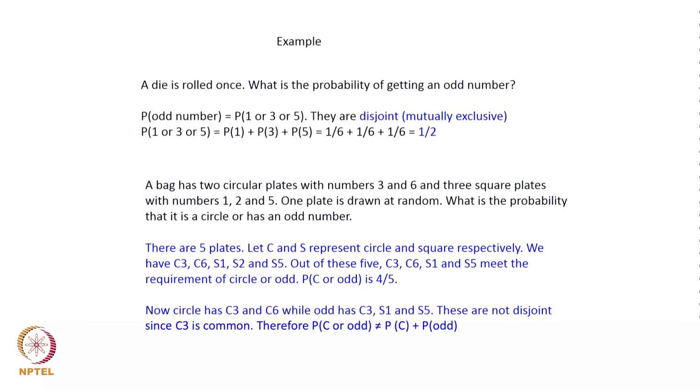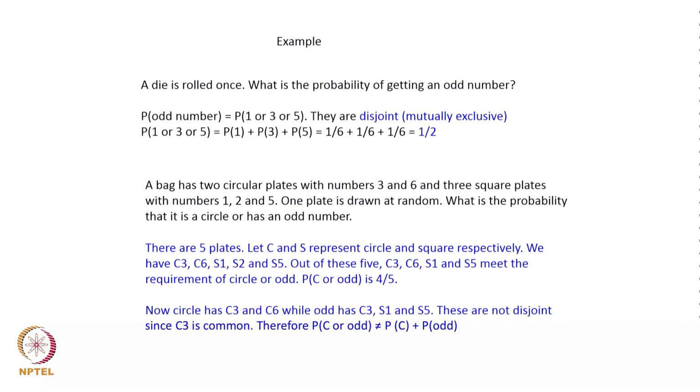Now, let us look at examples. A die is rolled once. What is the probability of getting an odd number? So, probability of getting an odd number is probability of getting either 1 or 3 or 5. They are disjoint, mutually exclusive. Therefore, probability of getting a 1 or getting a 3 or getting a 5 is probability of getting a 1 plus probability of getting a 3 plus probability of getting a 5.